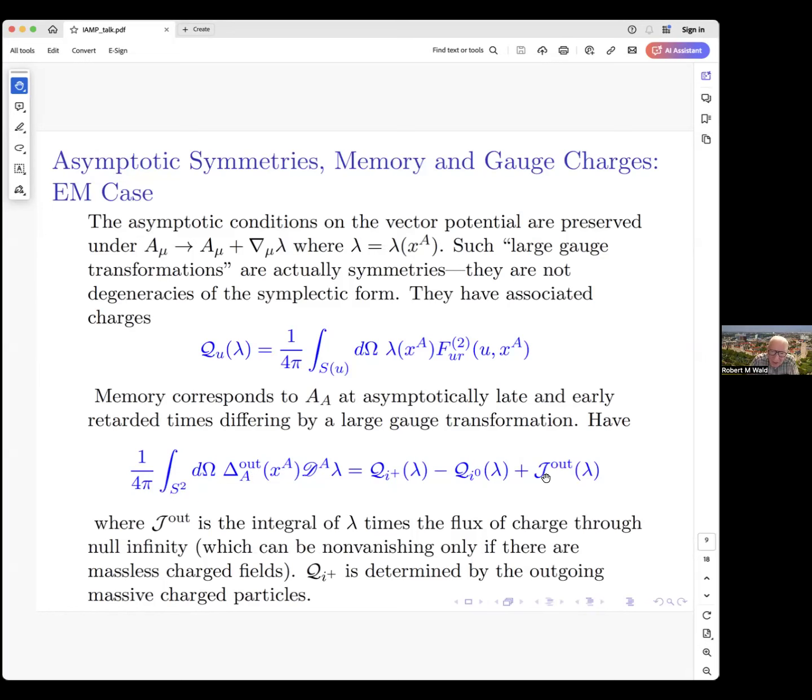In that case you still get the bad collinear divergences, so you get this singular behavior, but you also have more of a problem. You can't construct the Faddeev-Kulish states. It is possible you could construct eigenstates of zero large gauge charges, but not enough states of those, it would appear, to define scattering theory.